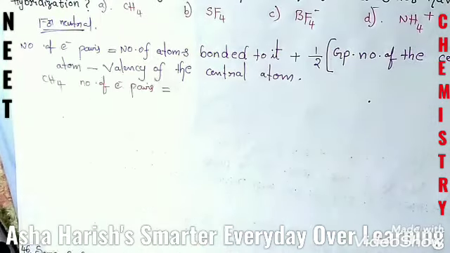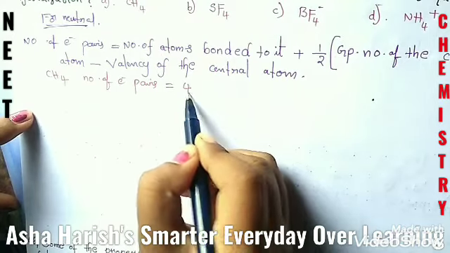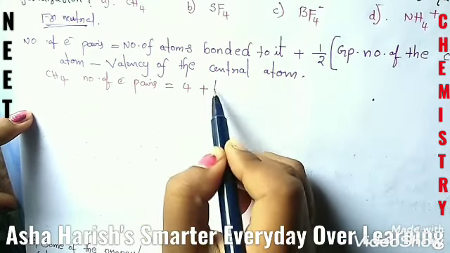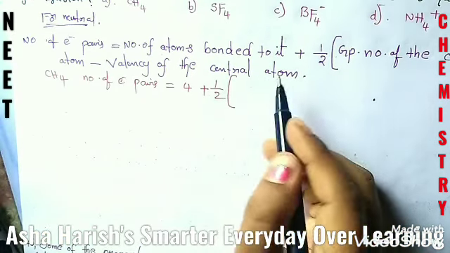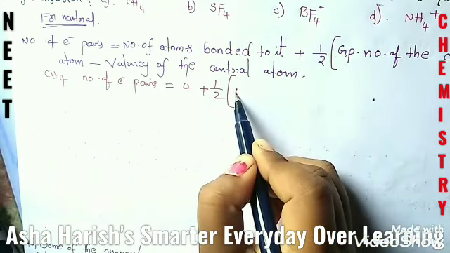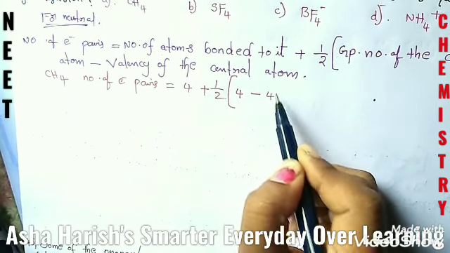Let's see now. The number of electron pairs is equal to 4 plus half into the group number of the central atom. For carbon the group number is 4, minus its valency electrons, also 4.